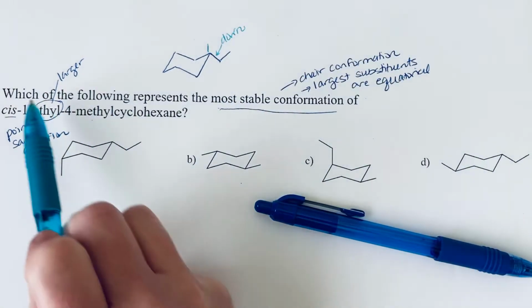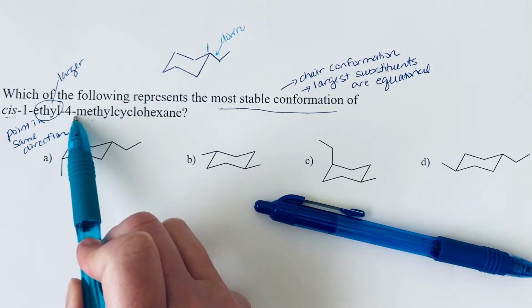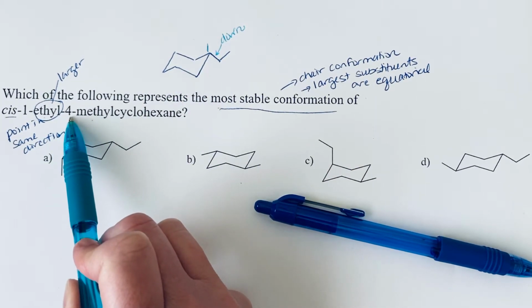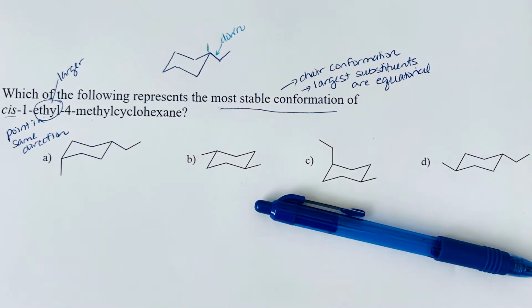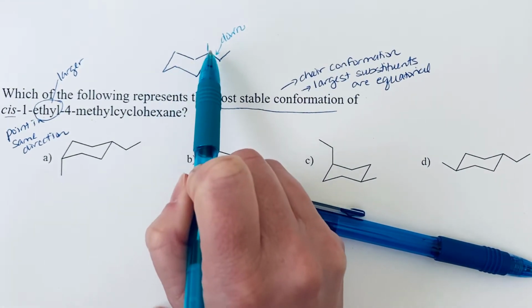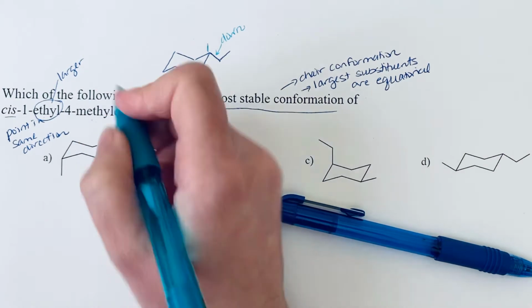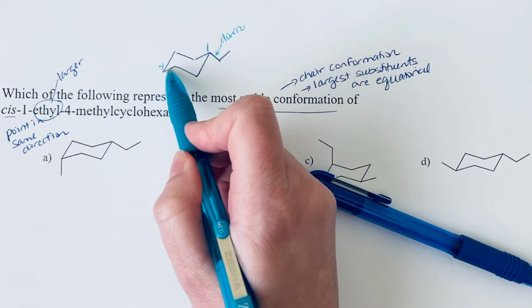So for this to be cis, I need to go to the position where my next substituent is going to be, which is carbon 4, and I need to place the methyl group on the down bond of carbon 4, whether it is axial or equatorial. So 1, 2, 3, 4. If I count the other way, 1, 2, 3, 4. No matter what, I get to the same carbon atom. And the vertice here is pointing down.